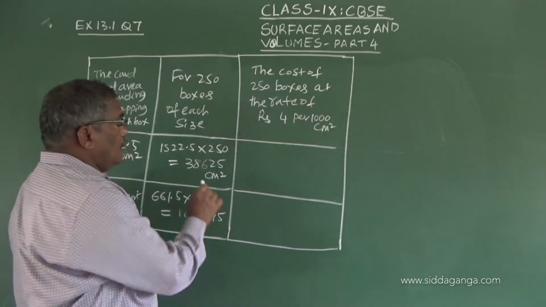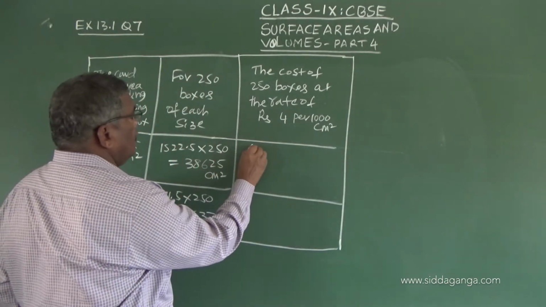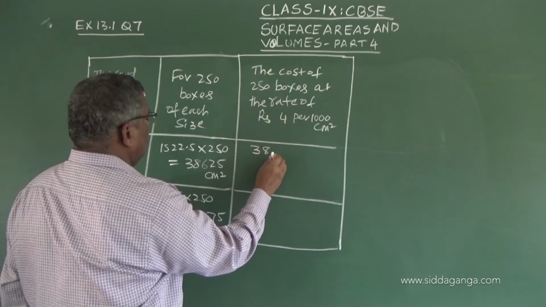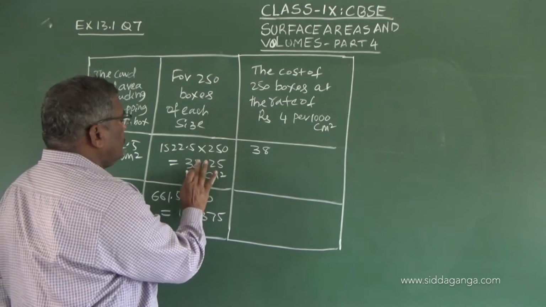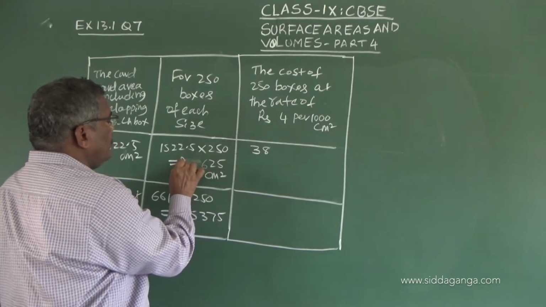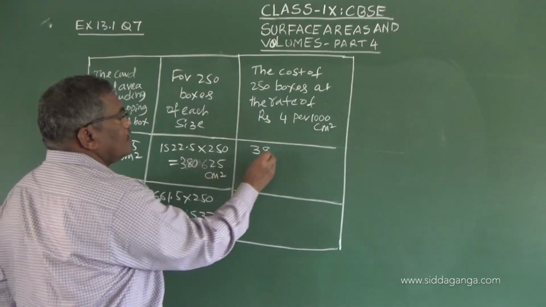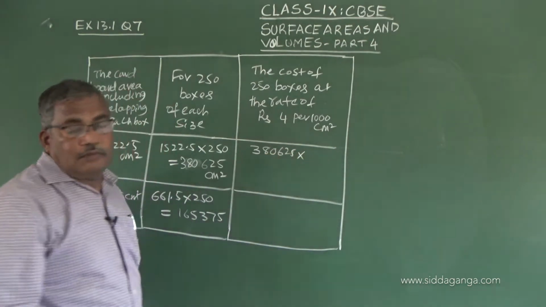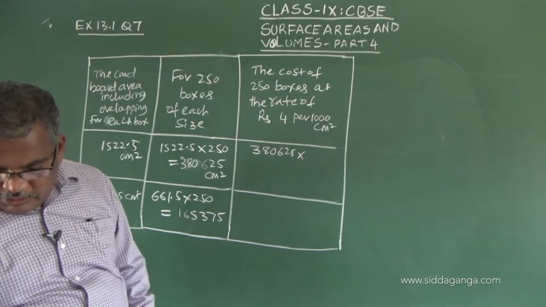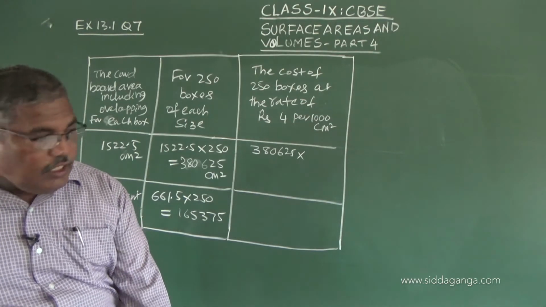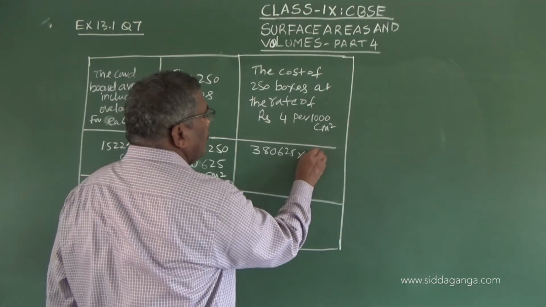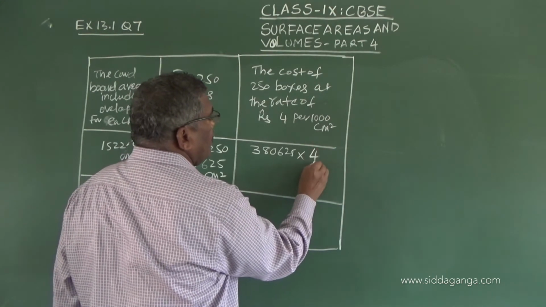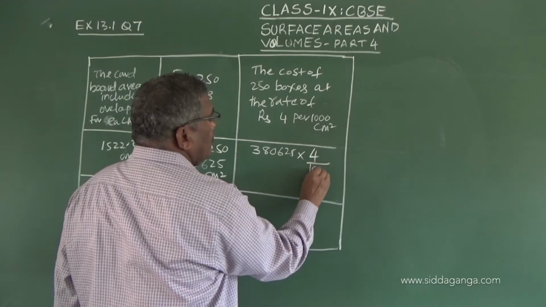Now see, the total area is 380,625. So we have 380,625 into 4, because it is 4 divided by 1000, because it is per 1000.